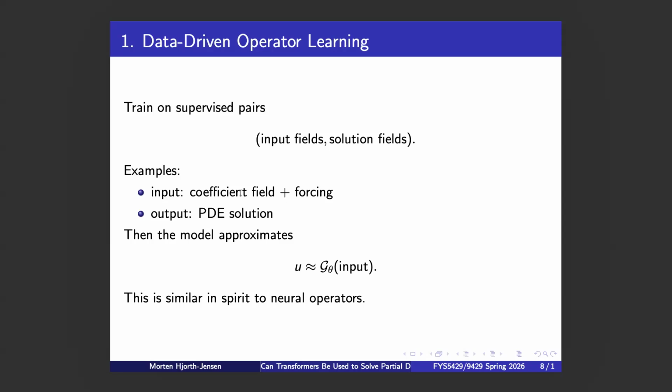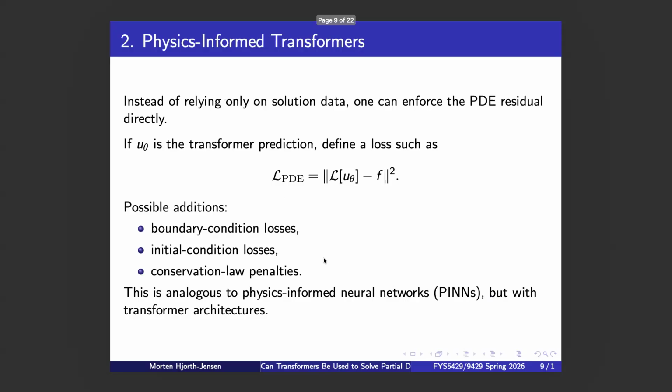So you can have some coefficients plus some term which forces, let's say, the object to move in a specific direction. So this would be the initial conditions and boundary conditions. And the output is then the PDE solution. And then the model approximates this with the Green's function. So in a sense, it's actually similar to neural operators. Some of you may have actually looked at physics-informed neural operators. That is also a very hot research topic.